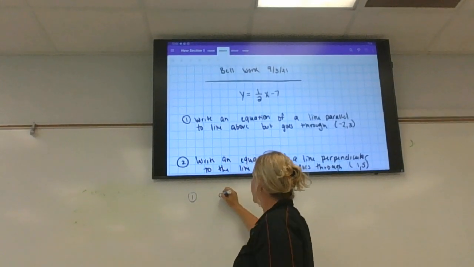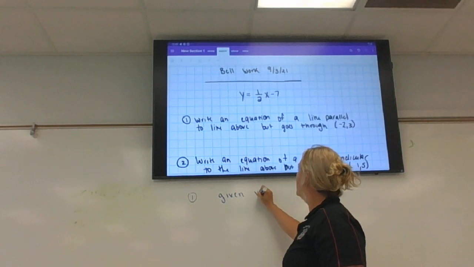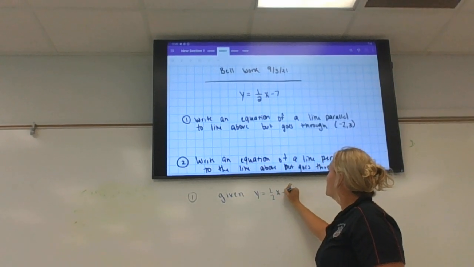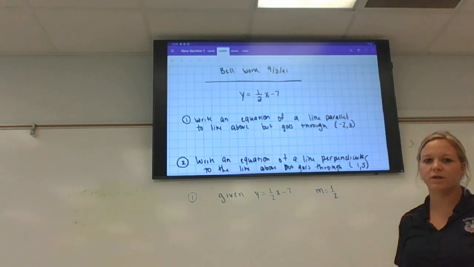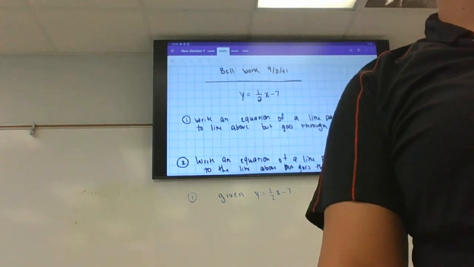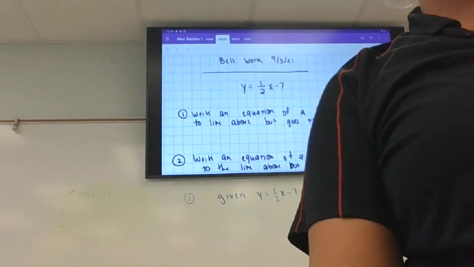Okay, so we're given this line. So the slope of this line is 1/2. So we're given a slope of 1/2.